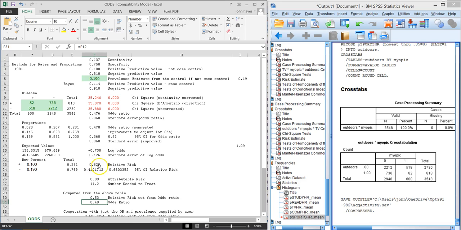So if we use the correct prevalence as defined in this case, then we can see that the relative risk is actually a little bit less than the odds ratio.